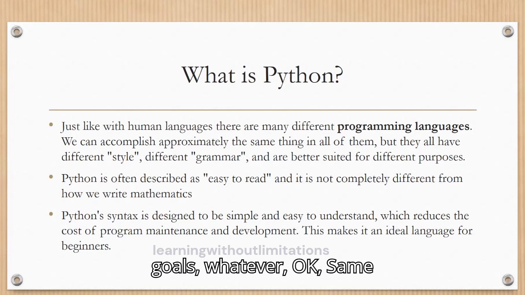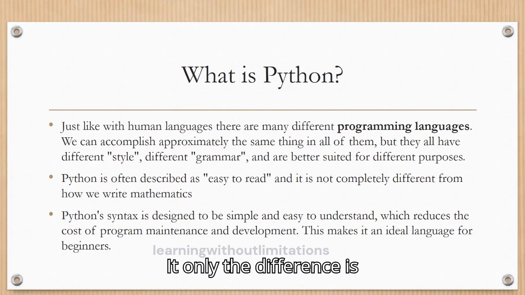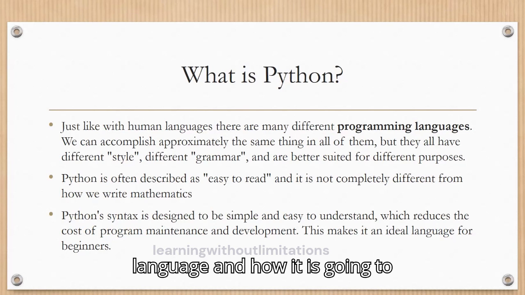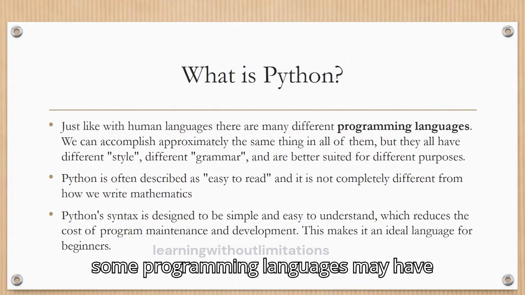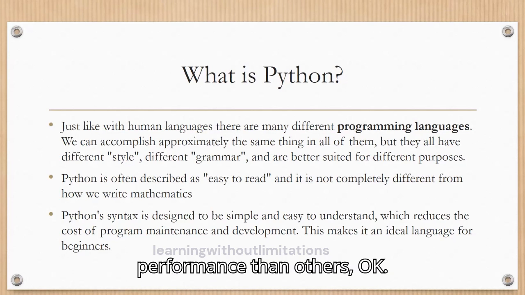Same case with programming languages. The only difference is how to write the language and how it is going to be interpreted or translated. And some programming languages may have more functions and more performance than others.